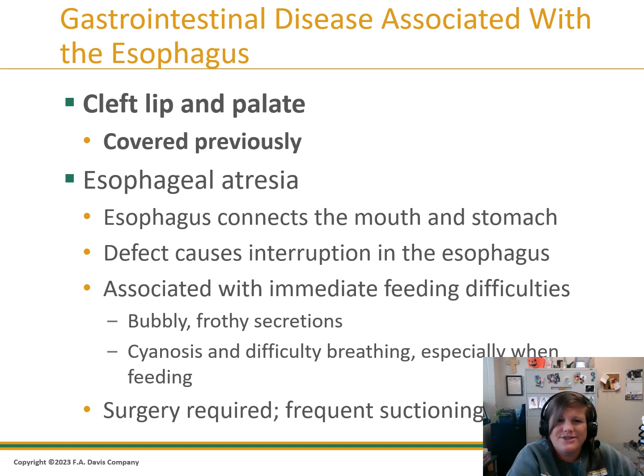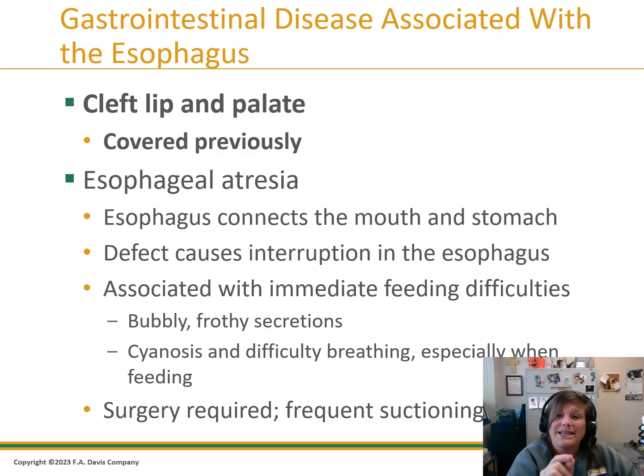Gastrointestinal disease associated with the esophagus. So now we're talking about some structural diseases. I did include cleft lip and palate on this page, but at this point it's not part of what we're introducing because it's already been taught to you. We had this with chapter 8. Actually, I have a little note I'm reading as I'm talking to you.